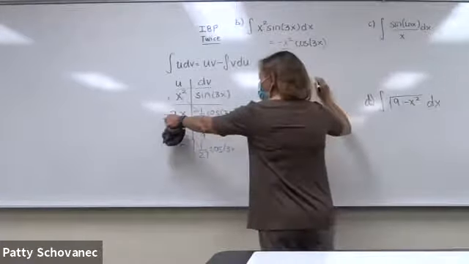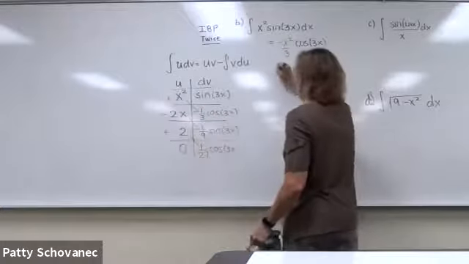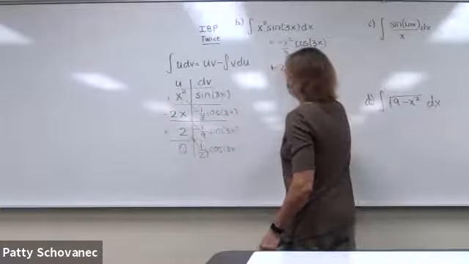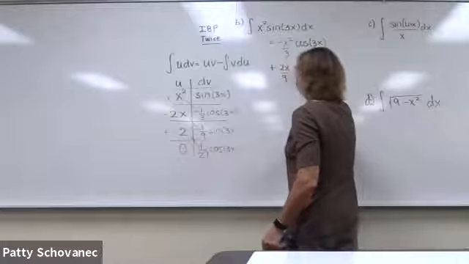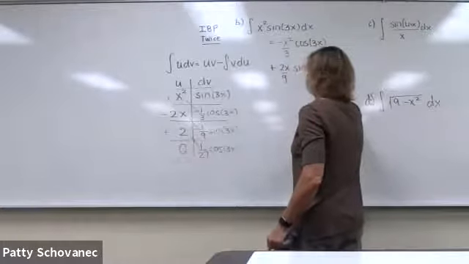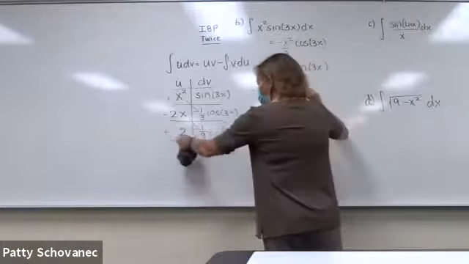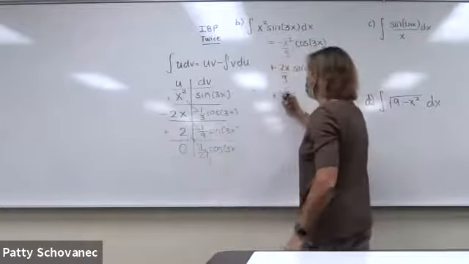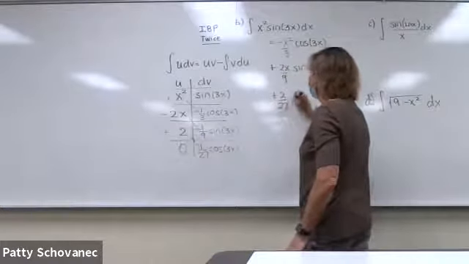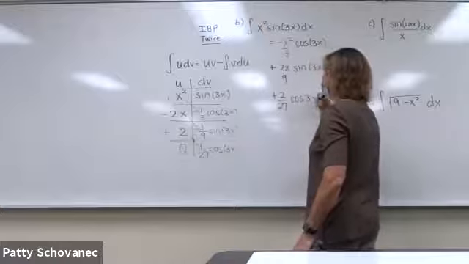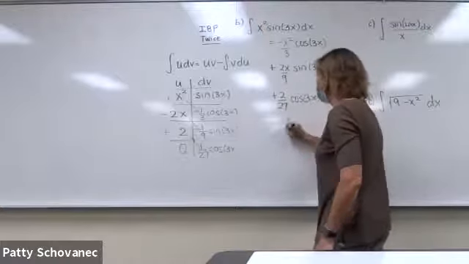Then we have a minus 2x times a minus 1/9 to give us a plus 2x over 9 sine of 3x. And our last term is a plus 2 times 1/27, so 2/27 times the cosine of 3x, plus the constant of integration.